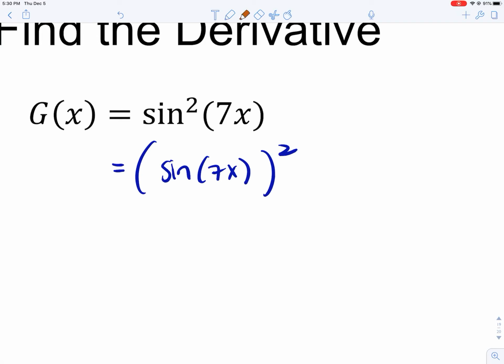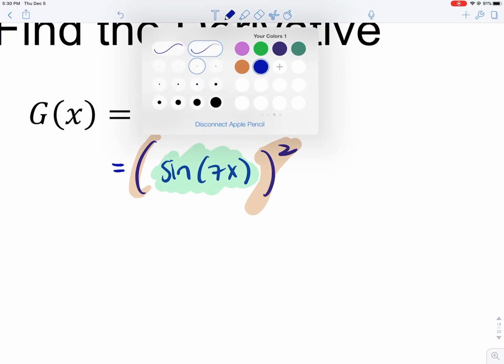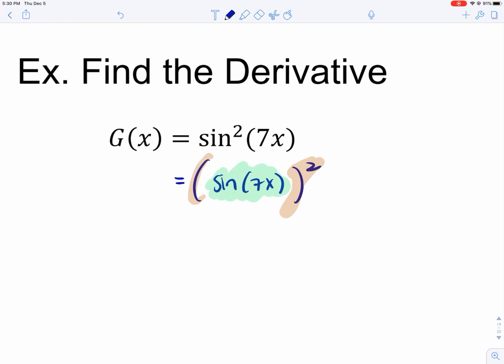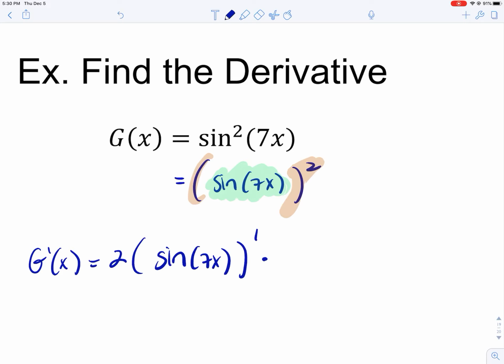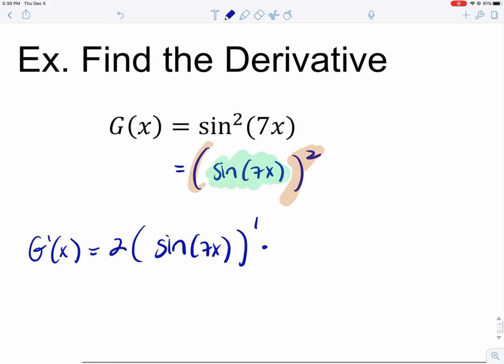So let's first think about the square as being our outside function and sine of 7x as being our inside function. So g prime will be equal to the derivative of the outside, leave the inside alone, and then times the derivative of the inside.